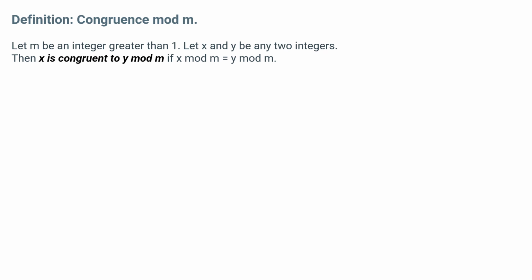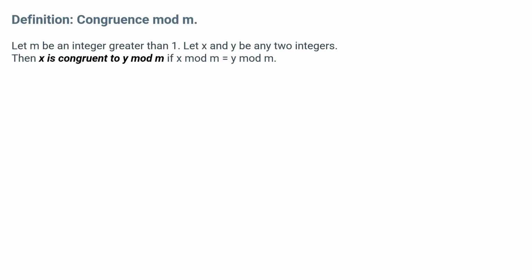Okay, here's another definition, congruence mod m. Let m be an integer greater than 1, and let x and y be any two integers. Then we would say that x is congruent to y mod m, and that's all together. It's not like x is congruent to y, mod m.